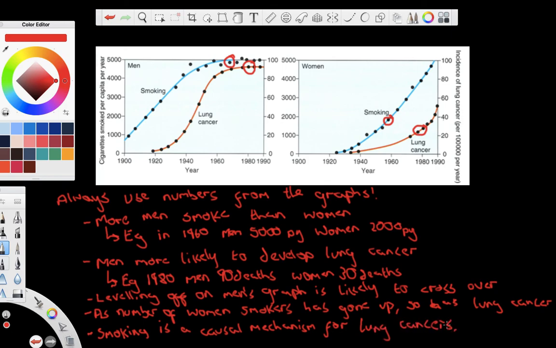However, I would suggest that men are more likely to get lung cancer because they have a higher incidence of it. Women, even though they are now smoking close to 100 per day, their deaths are still only down here. Whereas men's, when they're smoking about 100 per day, their deaths are very, very close. Okay?